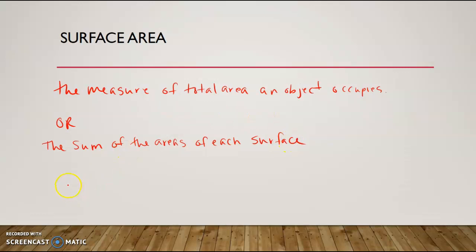Like last year when you were working with rectangular prisms, we were finding the area of all the surfaces added together. So either you can find the area of all the surfaces or you can use the formula.